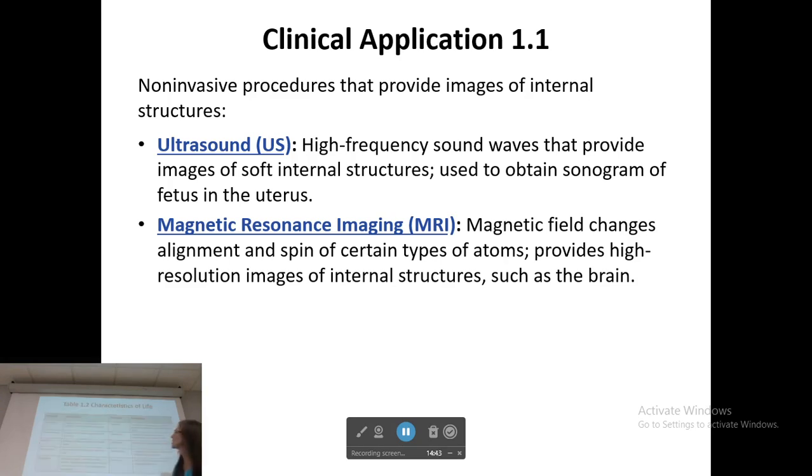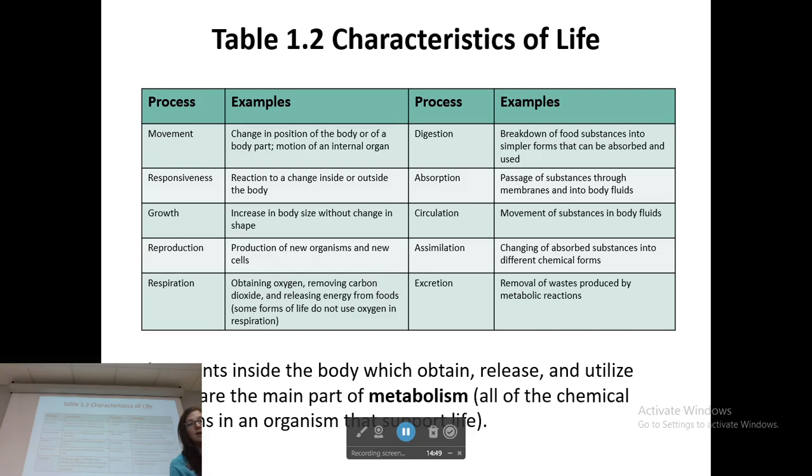All right, characteristics of life. So living things have certain characteristics, and humans as living organisms, we have those same characteristics. By the way, do you know what kingdom humans are in?